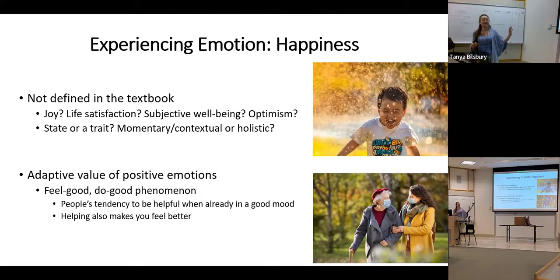So if we just get at the idea that it's a pleasurable or positive emotion for now, and that emotions have adaptive value, then we can identify that there's an adaptive value to positive emotions, like for society. People who feel good tend to be more helpful to others. Okay, I'm feeling good, so I will be generous to my friends, so I will help my friend move, so I will go volunteer.